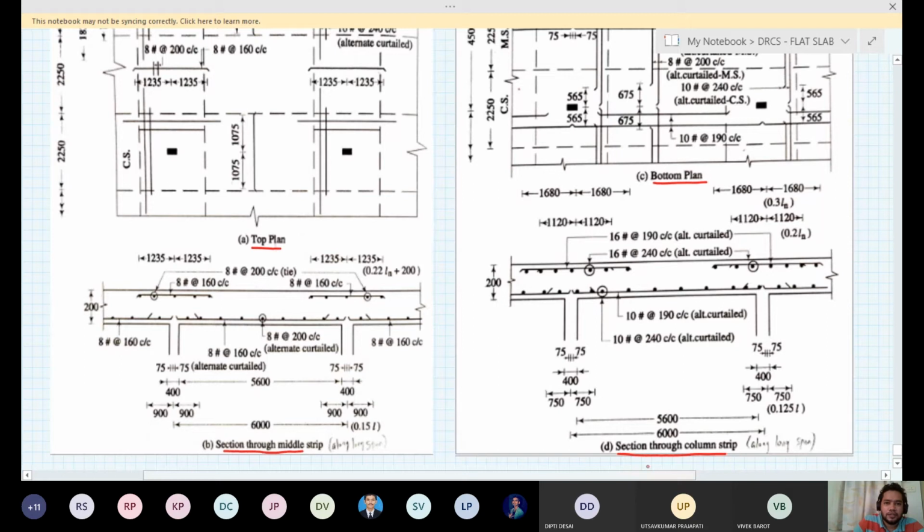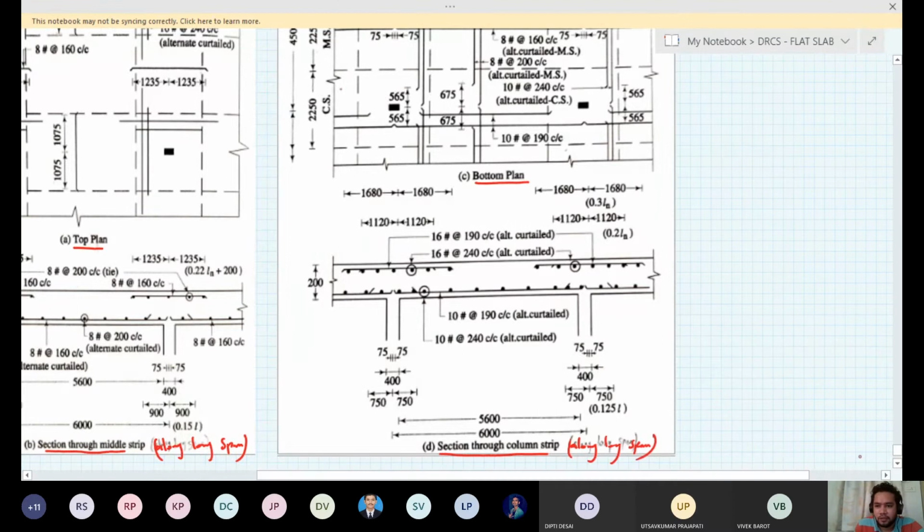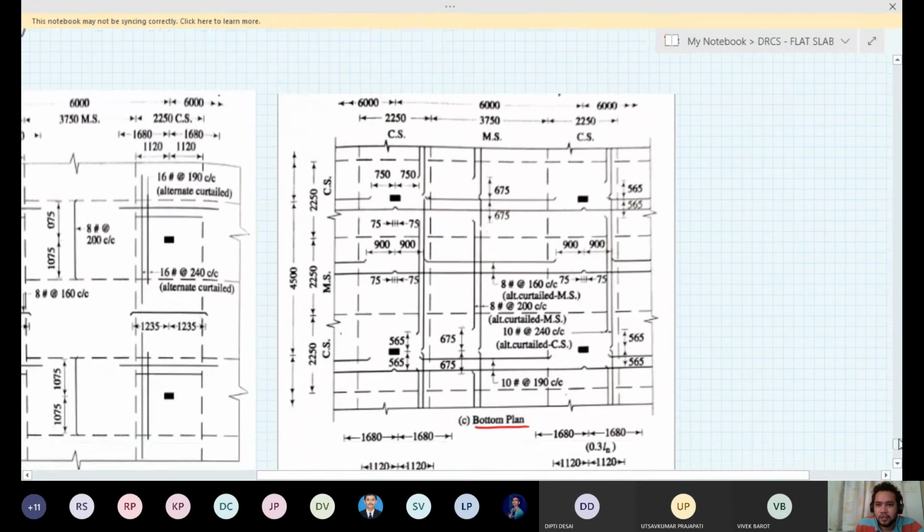See, you can also draw a section along the short span also. This is along the long span. You can also draw a similar section here also, that is along the short span, like this.